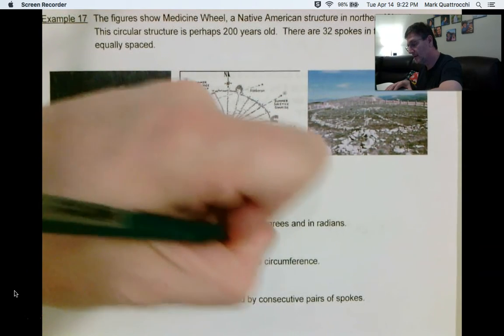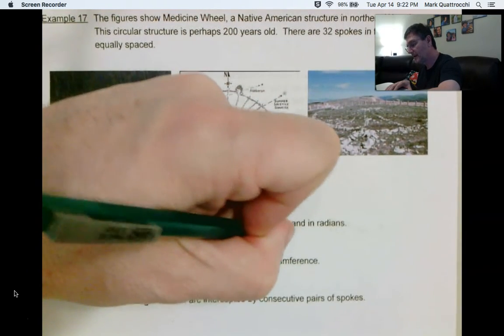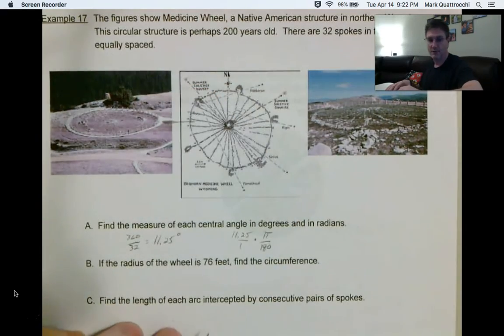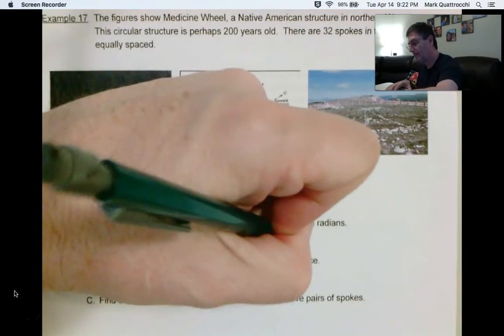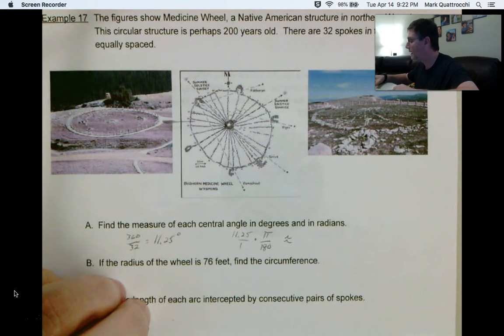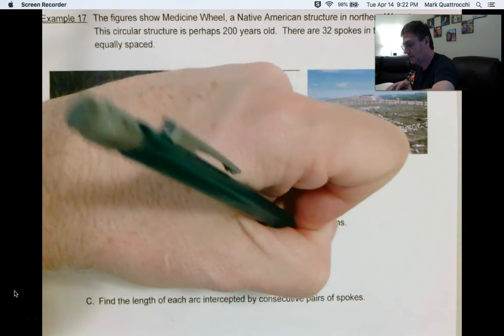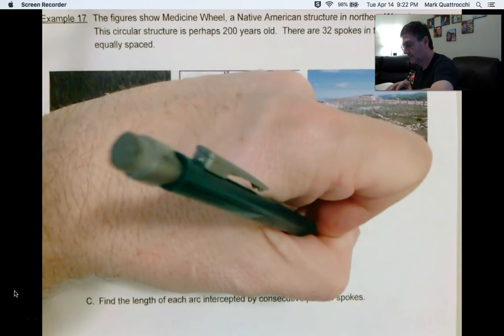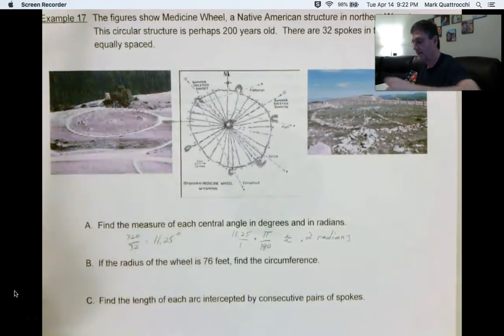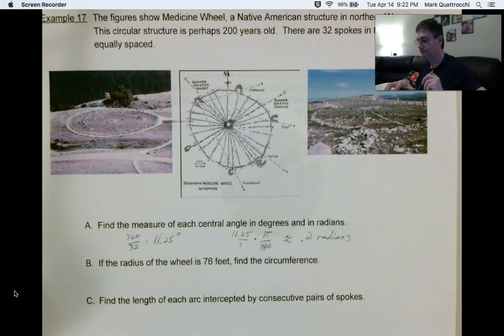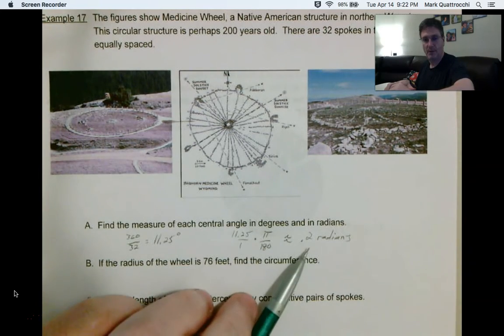How do we convert from degrees to radians? 11.25 times pi over 180. Going from degrees to radians, we multiply by pi over 180. That gives us approximately 0.2 radians.